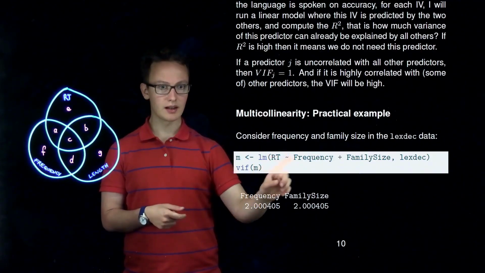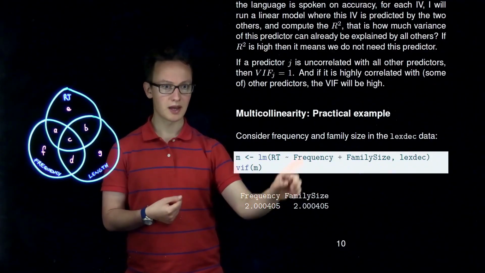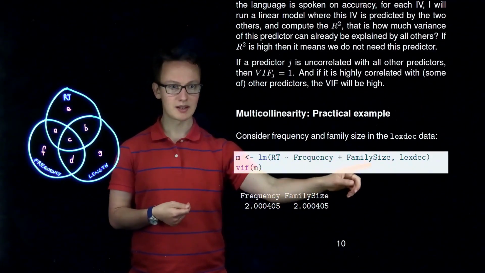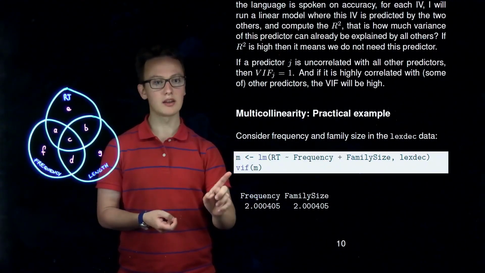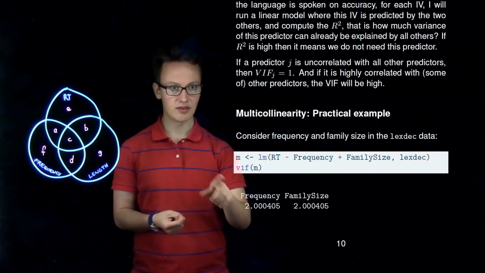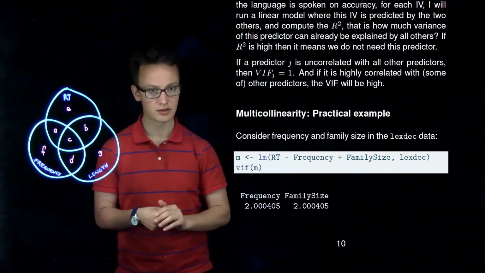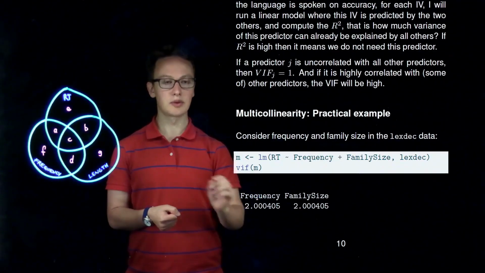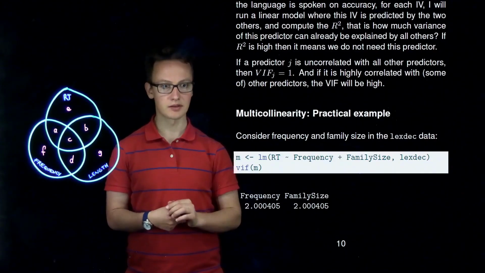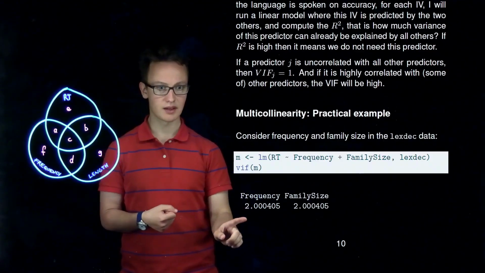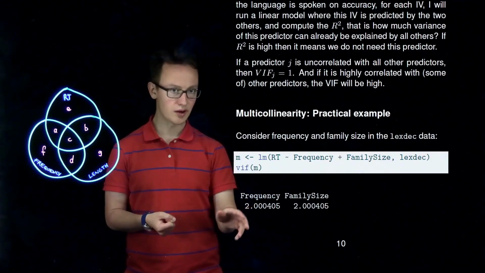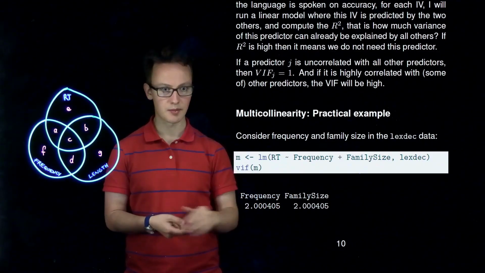So if we fit a linear model predicting reading time based on these two main effects of frequency and family size, we can save it in a variable m, and then we can use the VIF function, VIF as in variance inflation factor, on that model, and it will give us the variance inflation factor for each of the included predictors.